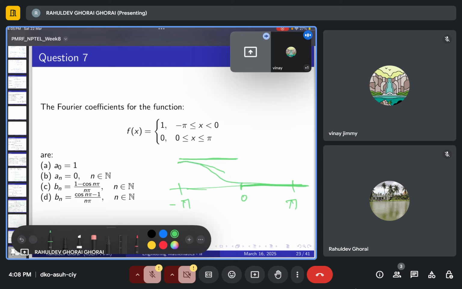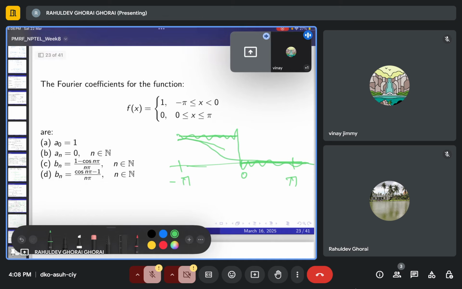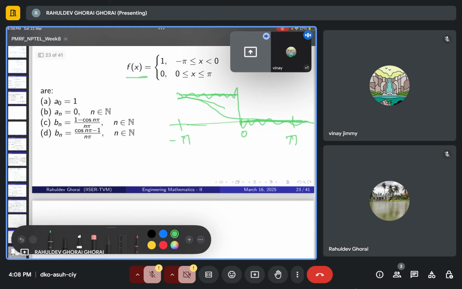It is like this, and you will see that in the later terms it will be oscillating like this. What I'm saying is, when you approximate the function by Fourier series, it will look like this. The Fourier series is the limit of a sequence, right? If you take the first term, maybe it will be the first line I drew.